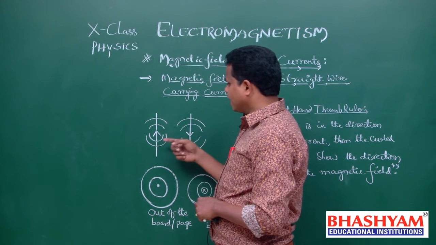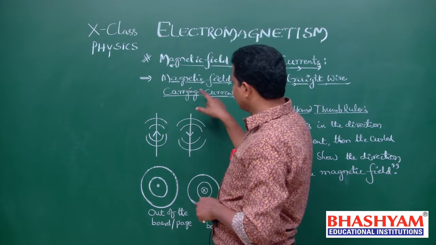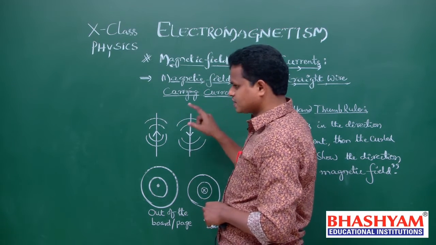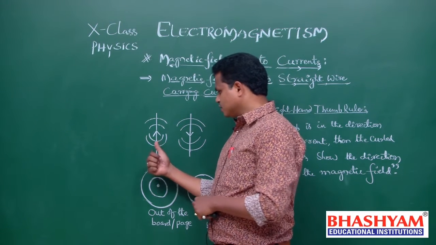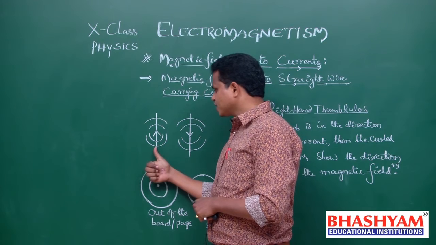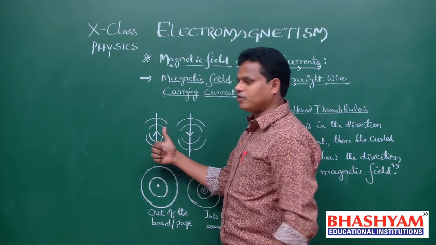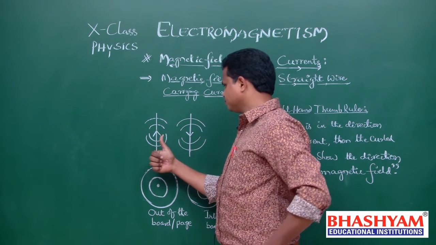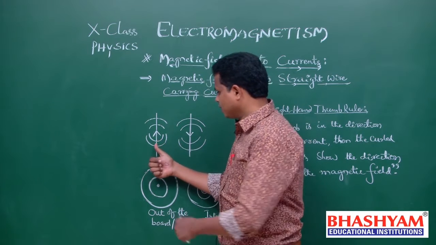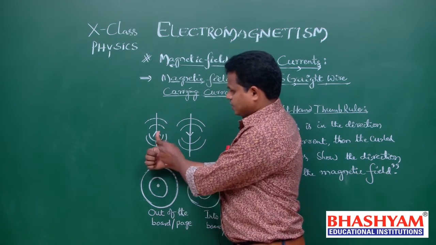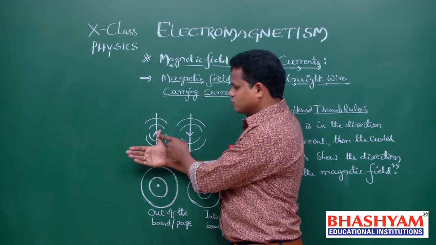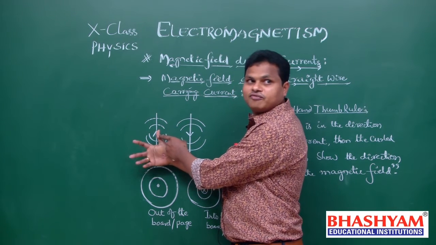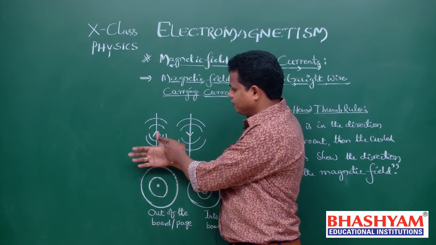The direction of the magnetic field due to the current-carrying wire is given by the right hand thumb rule. Thumb in the direction of current, the curled fingers show the direction of the magnetic field.